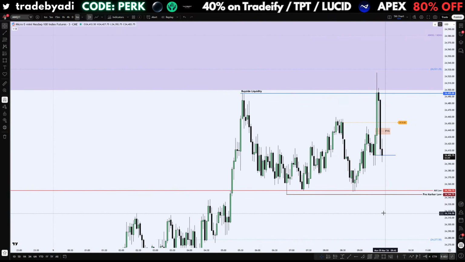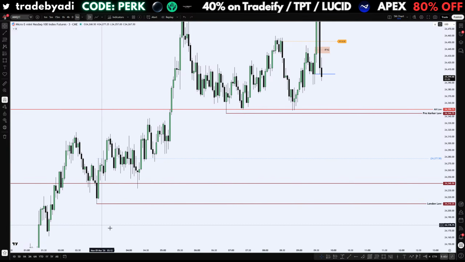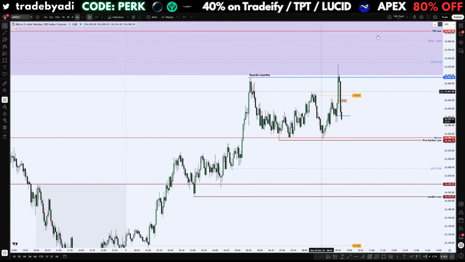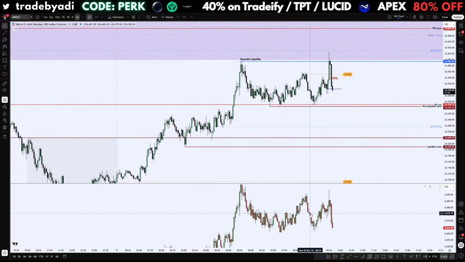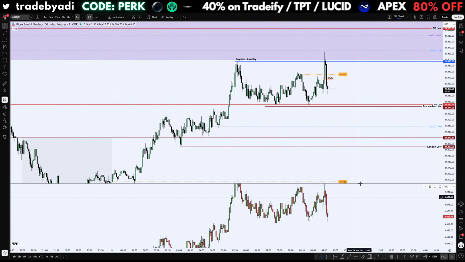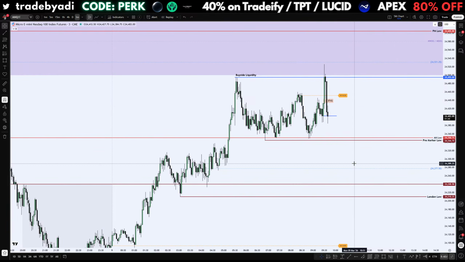The London low can be a good target because we have a strong reaction as soon as after the 9:30, and also on ES we have an SMT. So the manipulation has happened in, no, not in ES, sorry, in Nasdaq. The distribution is going to be on ES.